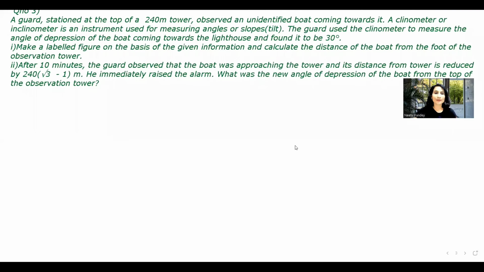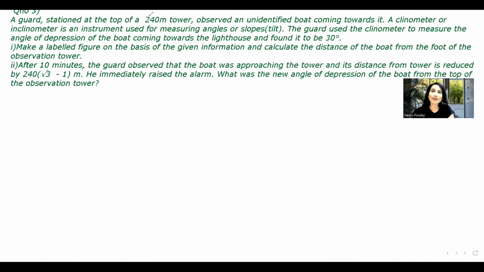Fine, so here comes our question. Let us understand the question. It seems to be big, but it's very interesting, I must say that. A guard stationed at the top of a 240-meter tower observed an unidentified boat coming towards it. So there is a scene in which you can see the sea is there, and the guard is stationed at the top of the tower.